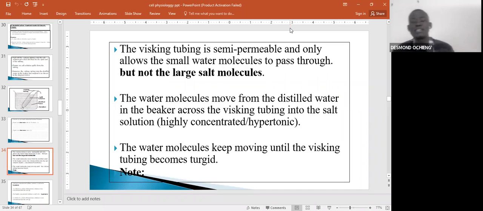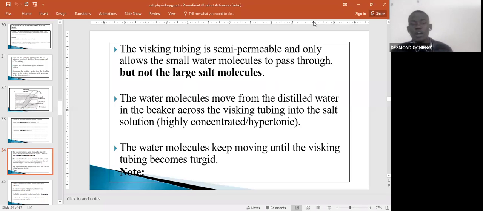Now, the word turgid is a new or strange term that we are introducing there. Now, can you say osmosis is the movement of water from the region of low solute concentration to the region of high solute concentration across a concentration gradient?